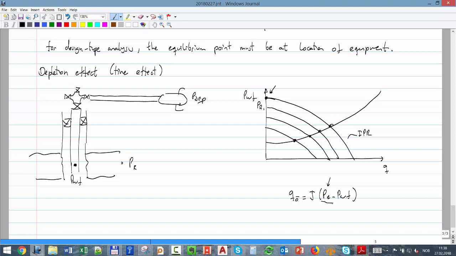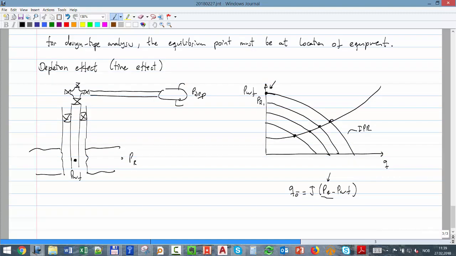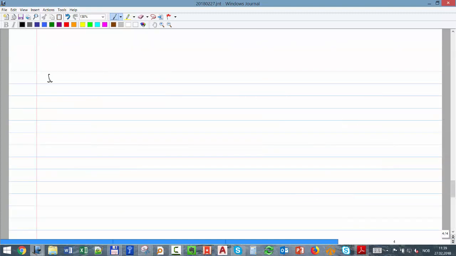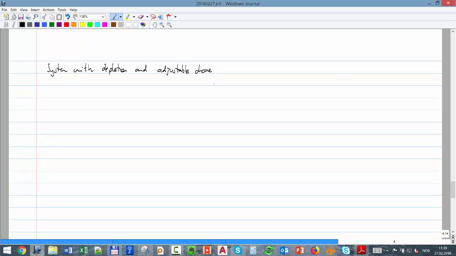Now, should we attempt to do the same experiment now with the choke? Okay, now let's put again a system with depletion and the choke. With depletion and adjustable choke. Okay, so let's make again our system.